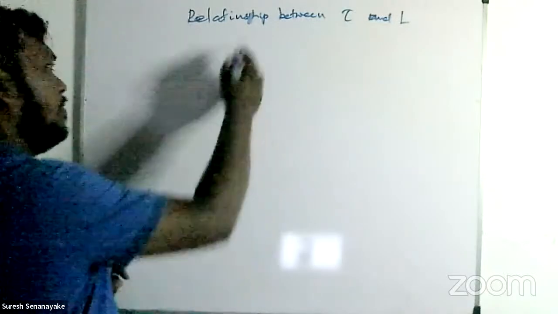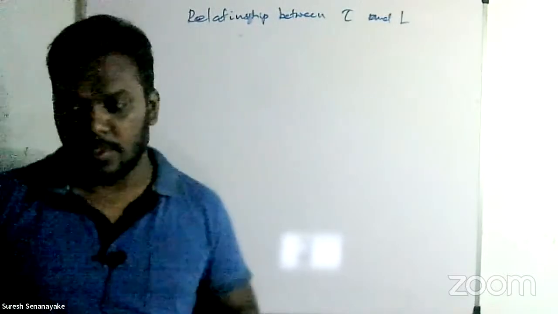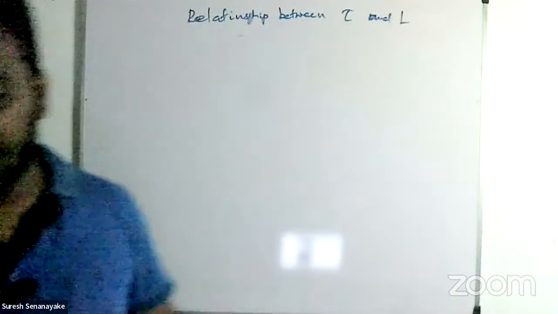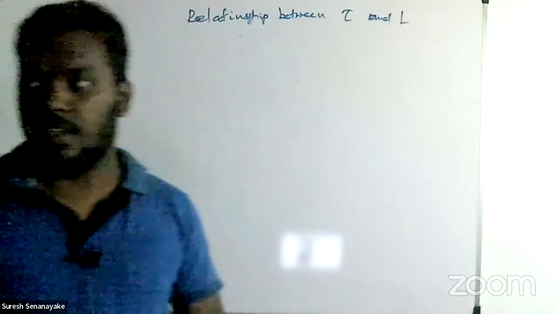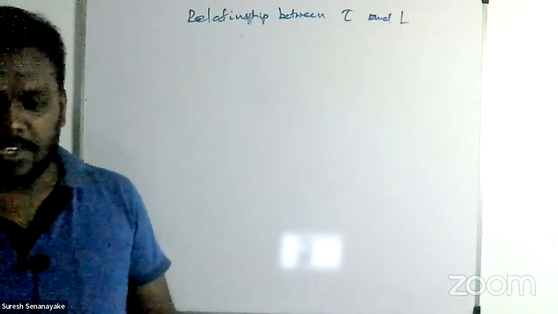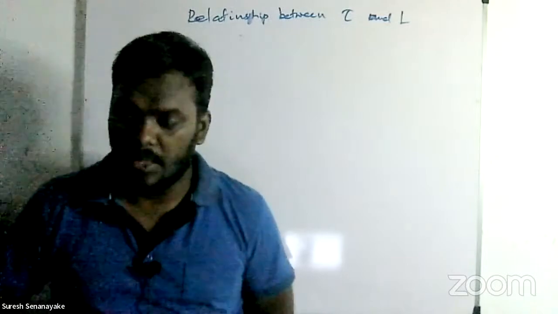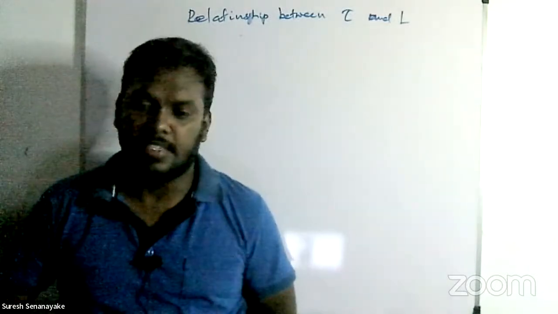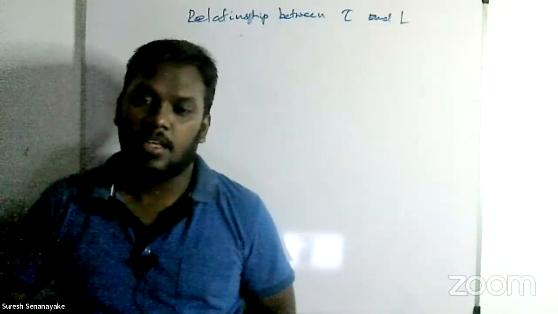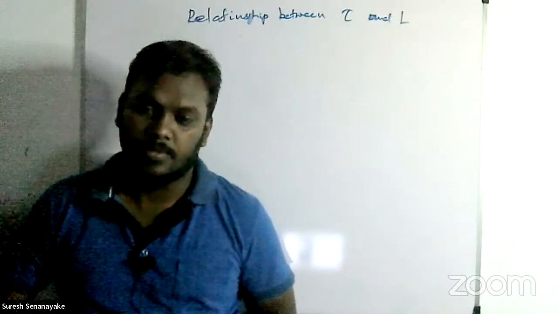In linear motion, if you apply a force on a body, the linear momentum changes. The rate of change of linear momentum we call the force, according to Newton's second law. Similarly, here we can define that by applying a torque, you can change the angular momentum.